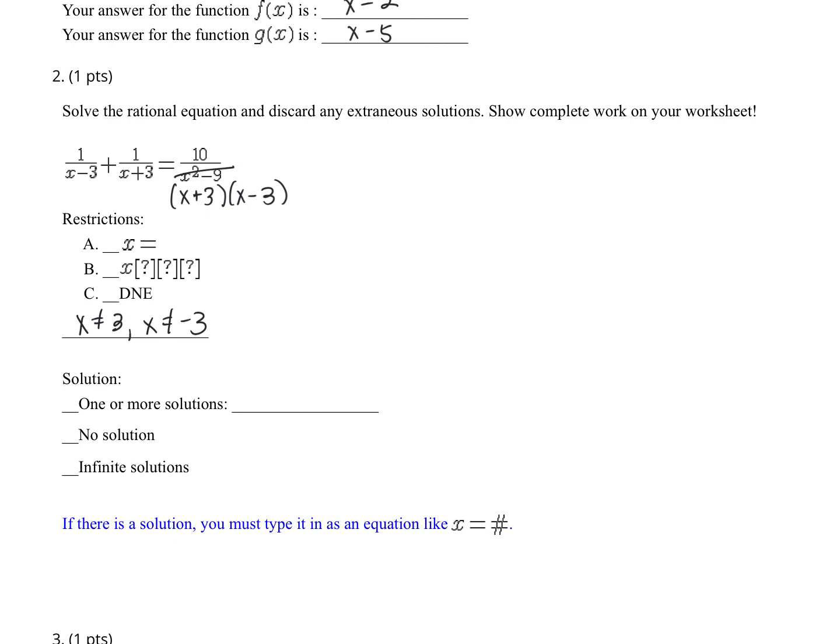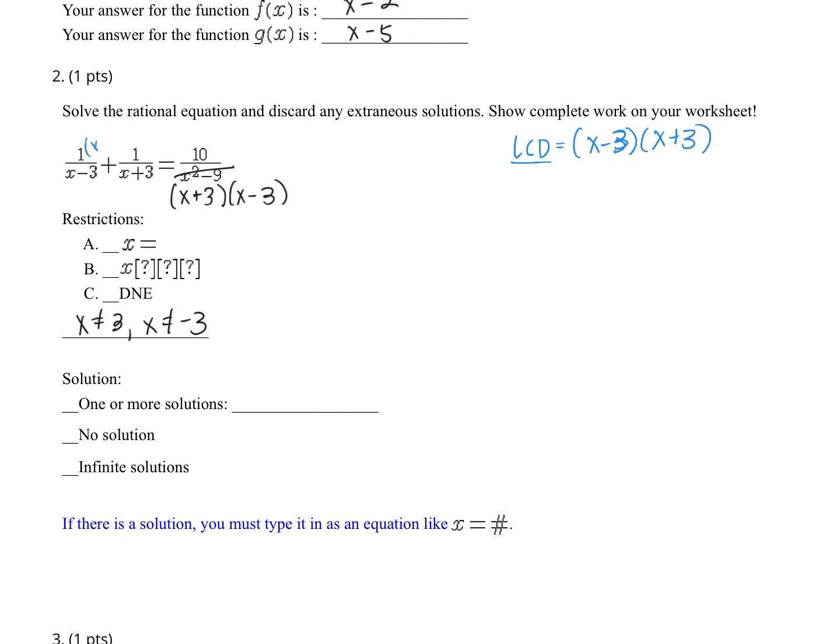Okay, so to solve this equation, we want to multiply each fraction by the missing piece from the common denominator. So the common denominator always includes each different factor that you see in the denominators after they've all been factored. So we have x minus 3 and x plus 3.